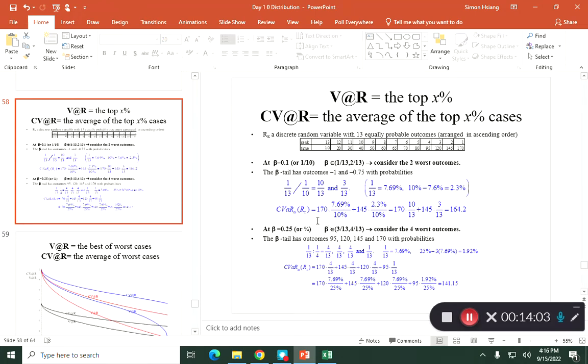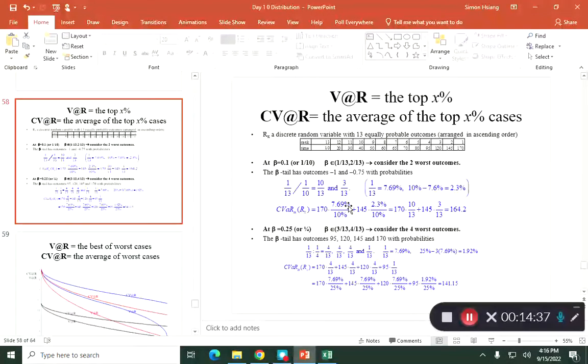So based on this, what is my CVaR value? The first guy takes up the 7.69, the second guy takes up the 2.3, 7.69 plus 2.3, total using up the 10% I was given. So everybody nod, you figure out where these 2 values, 7.69 over 10 and 2.3 over 10, are coming from. Can you see that now?